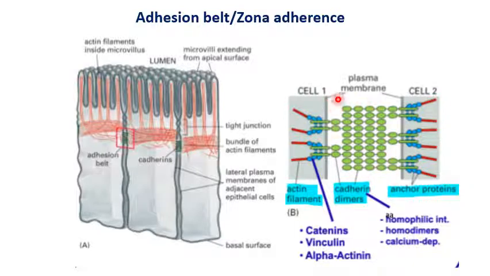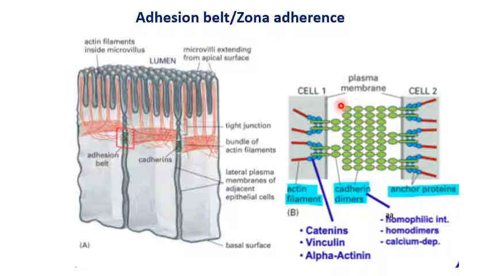This is the extracellular space of the cell. The extracellular domains of the transmembrane proteins of both the cells get fused to form cadherin dimers. These cadherin dimers help the cells to fuse with each other.